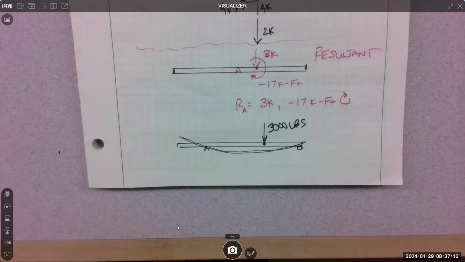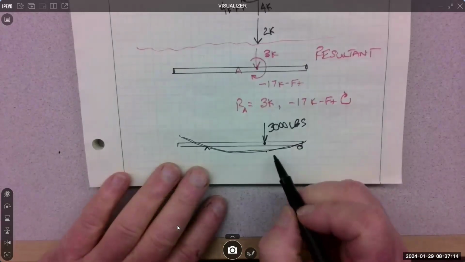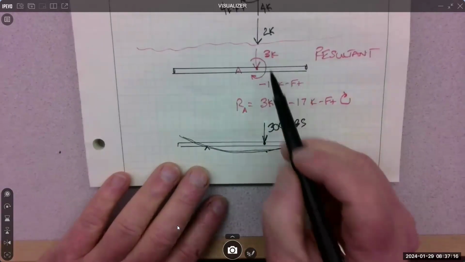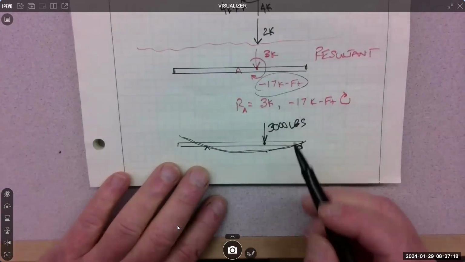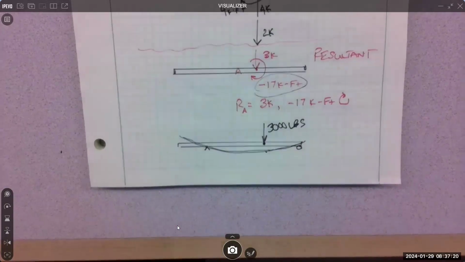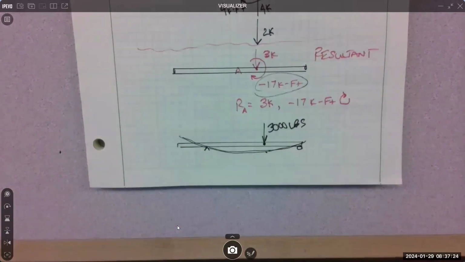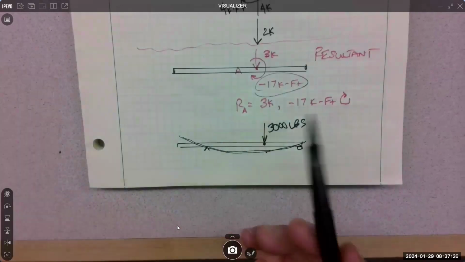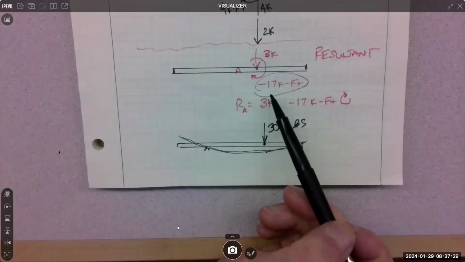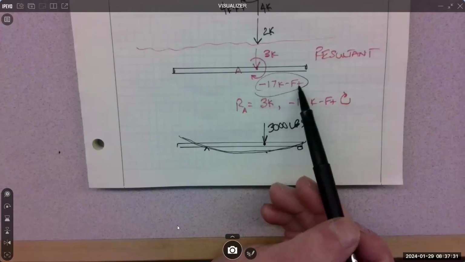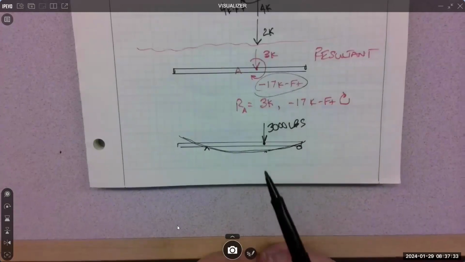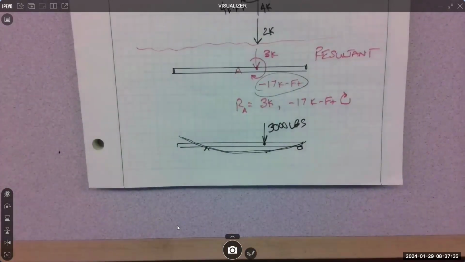So that bending is what this moment creates. It's literally trying to rotate the whole beam, right? So it's super important that we know what this number is, the 17 kip-feet, because then we'll be able to calculate how much bending and deflection is going on in this beam. That's very important.